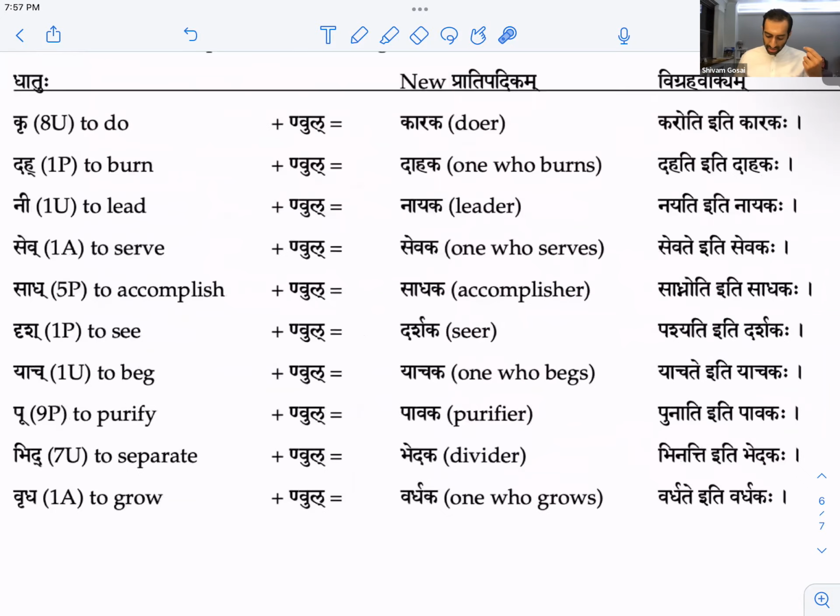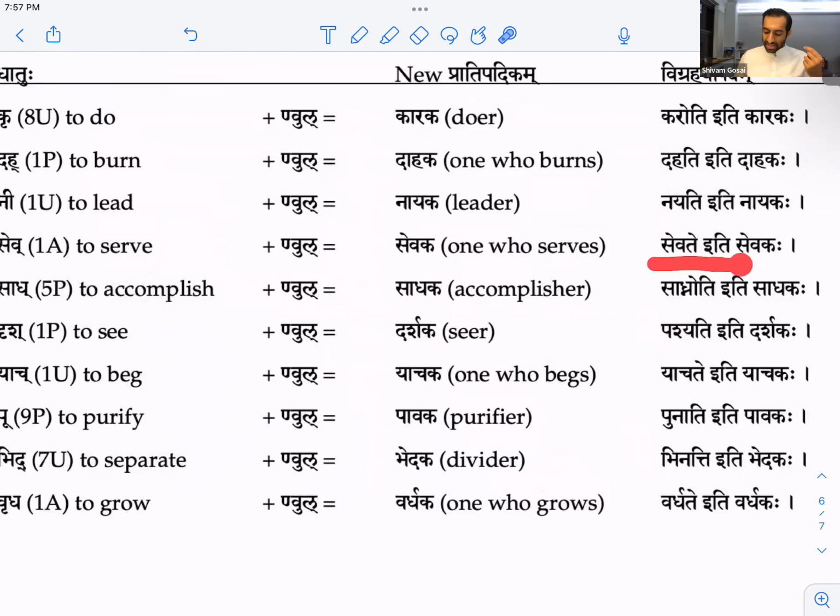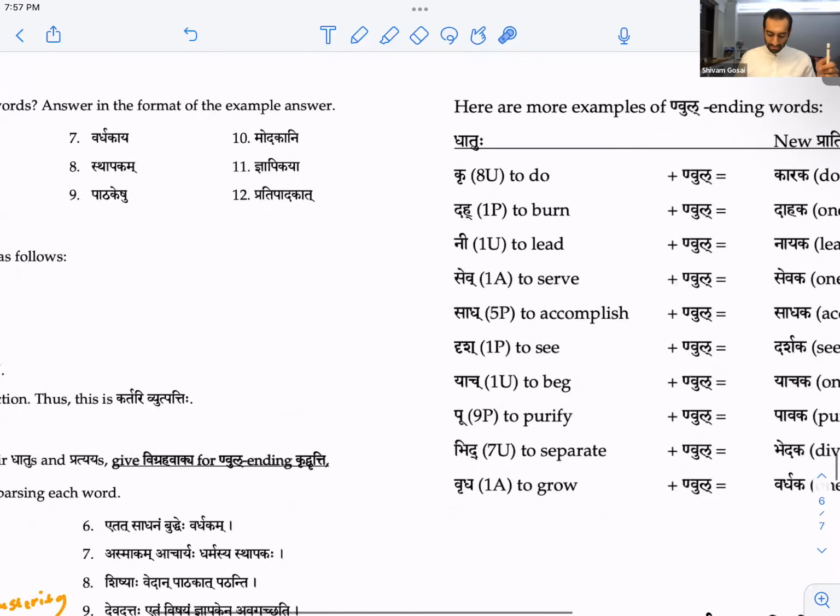So when we're doing the vigraha, sevate iti sevakaha, not sevati. And then we did tesham sevakanam. Okay, so that's one clarification. And then Harprasadji helped me with dadati is 3U. Just so we know that. 3U, third gana, ubhayapadi.